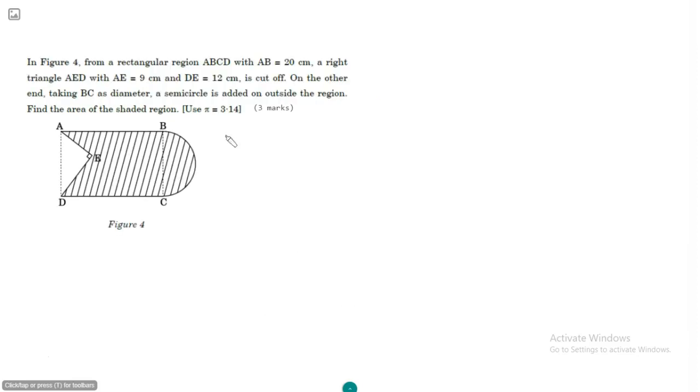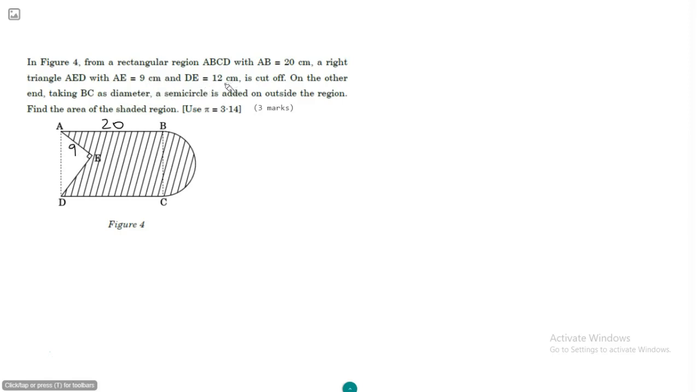Next question. In figure 4, from a rectangular region ABCD with AB is 20. So let's mark AB. A right triangle AED. Hope you can see the right triangle AED over here with AE equals 9 centimeters. So AE, let's mark AE, that's 9.